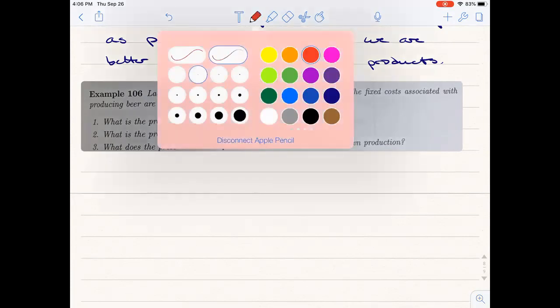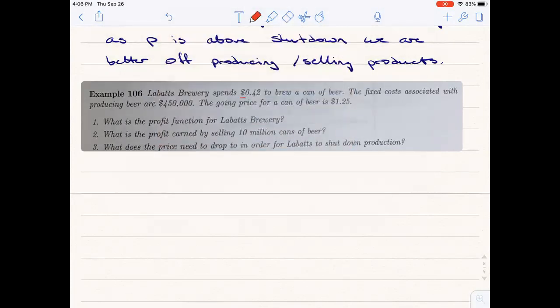The cost to produce a can of beer is 0.42, the fixed costs is the 450,000, and the going price for a can of beer is $1.25, meaning the selling price, or P, is $1.25.